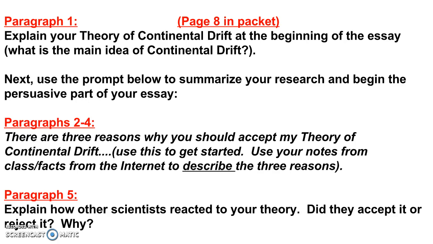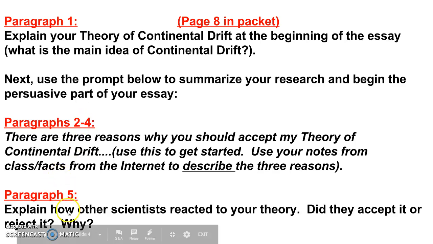Under the climate evidence, you could talk about and should talk about glacial scratches being found in unique areas of the world that didn't make a whole lot of sense, but it did to Alfred Wegener. You could talk about coal deposits. And so each paragraph should be devoted to one of the categories, so you should separate those out.